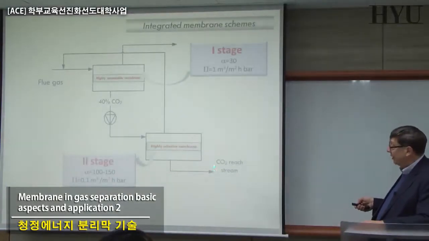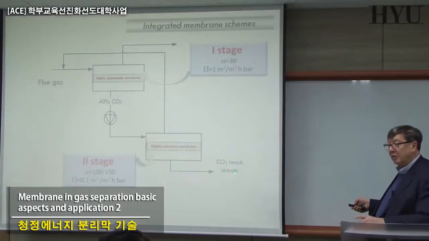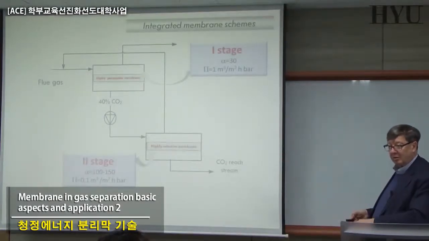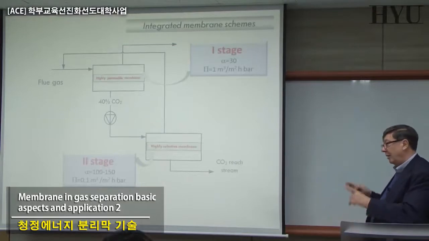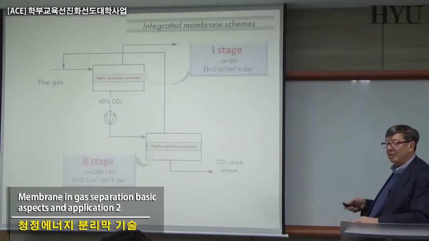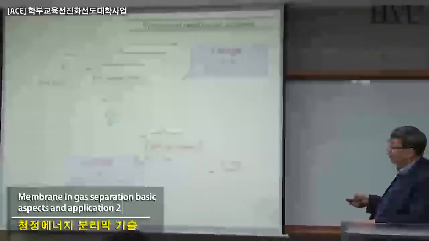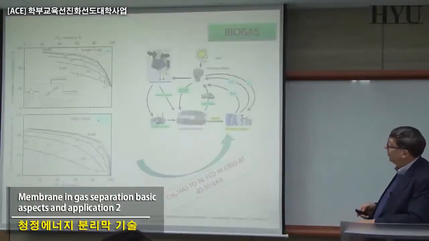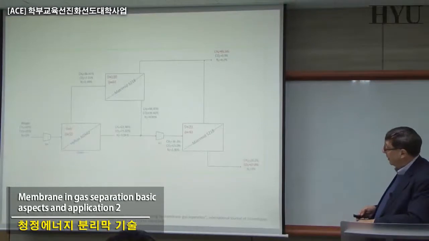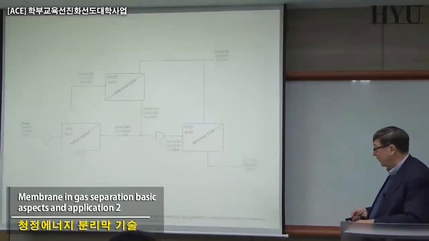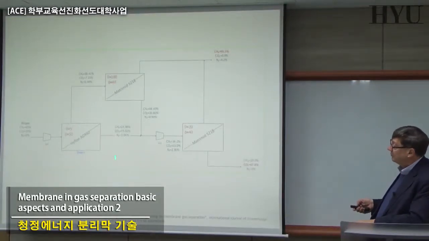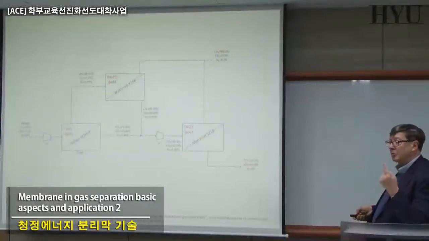In this way, you can obtain roughly the 80% that you want to recover, and no more than 2-3% in the other stream. So that is something that can be done, but at least the combination of the two has to be done.